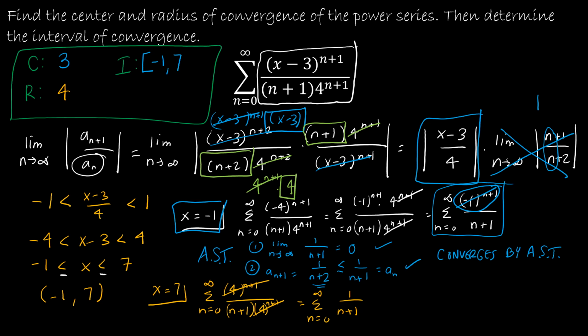Now I know that the harmonic series is 1 over n to the first, and I know that that diverges. So I can use the limit comparison test. And the limit comparison test says if I take the limit as n approaches infinity of 1 over n and 1 over n+1, so this is going to be the one that I'm comparing it to.